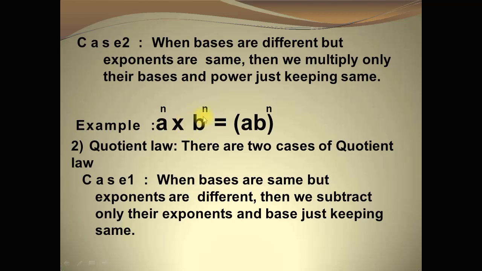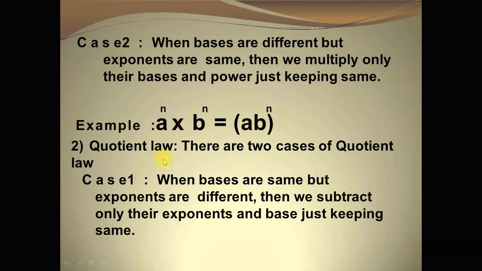When in product form bases are different and exponents are the same, then multiply the bases and the power just stays the same. So in this example, a power n multiplied by b power n. Since the bases are different, multiply these bases and the power just stays the same.